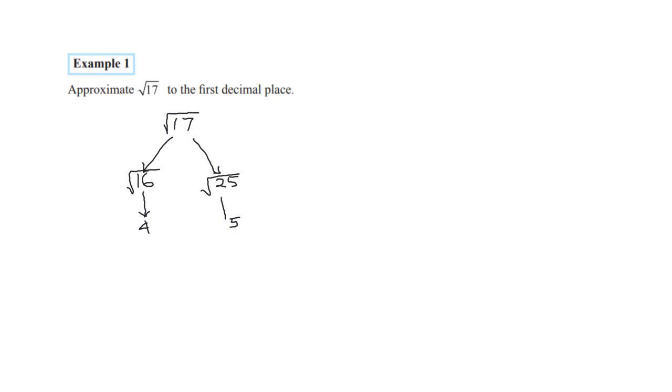Next we are going to check the gap of these two numbers, 17 and 16, and 16 and 25. 16 and 17, what's the gap there? 1. 16 and 25, what's the gap there? 25 minus 16 is equal to 9.